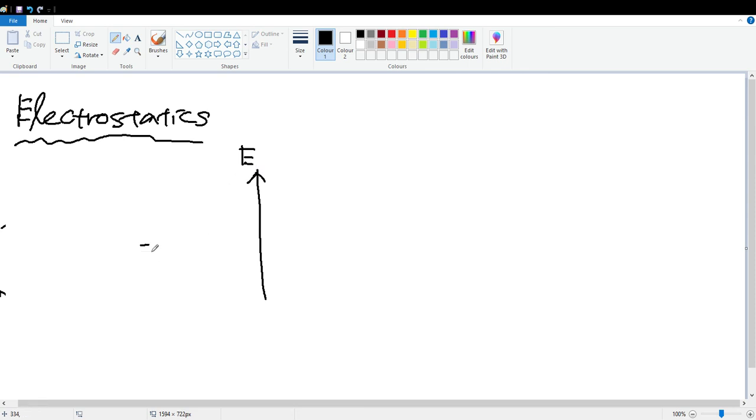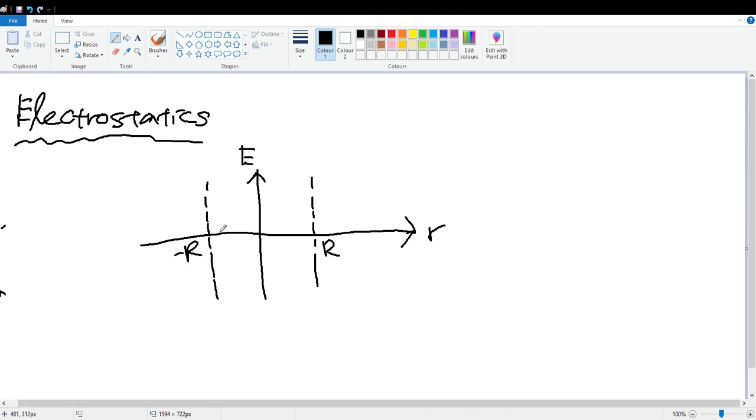The graph of electric field strength against the distance. In this case, this is inside the spherical conductor, and this is R and this is negative R. So the electric field strength inside this spherical conductor shall be 0.